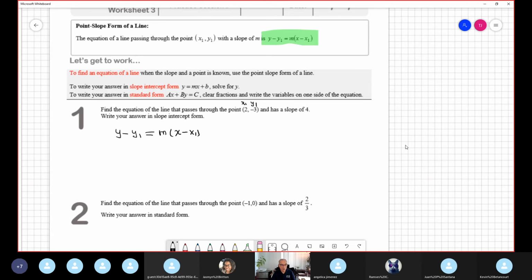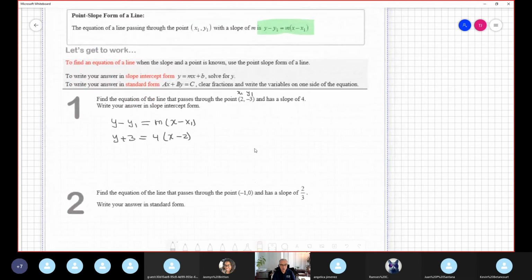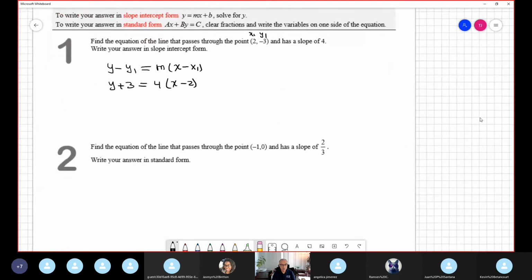Now, slope is 4. Okay, entonces y minus y1, que es minus 3, double minus becomes positive. Slope is 4, x minus 2. 2 is positive, entonces in the formula stays the negative sign. Now, wait a second.